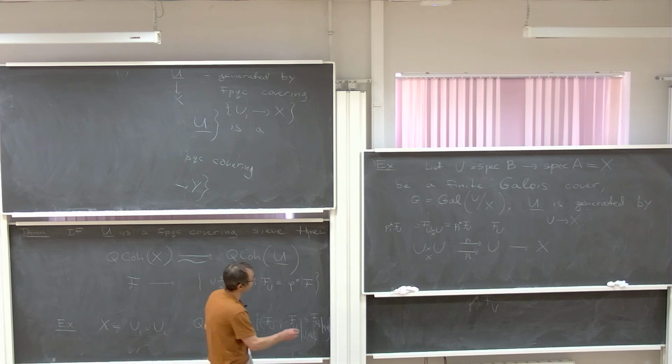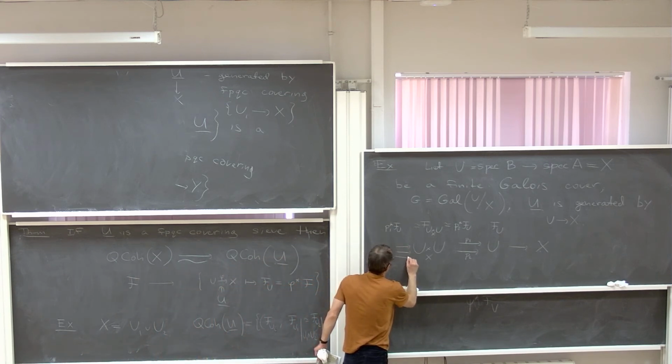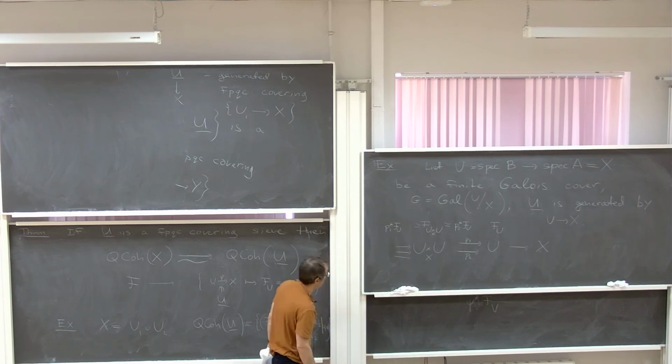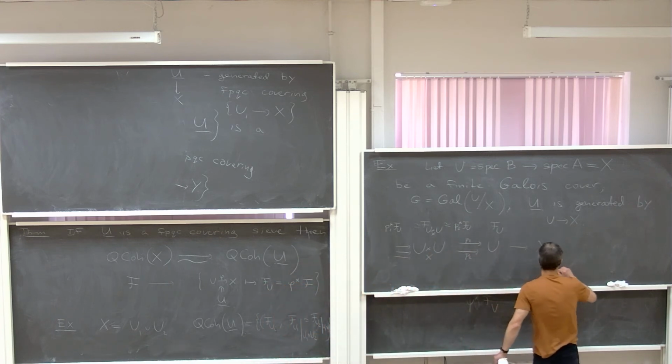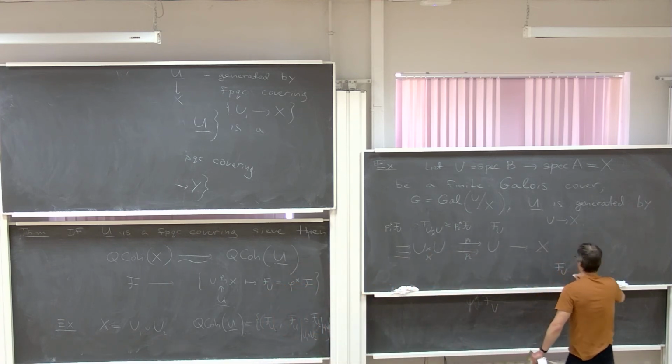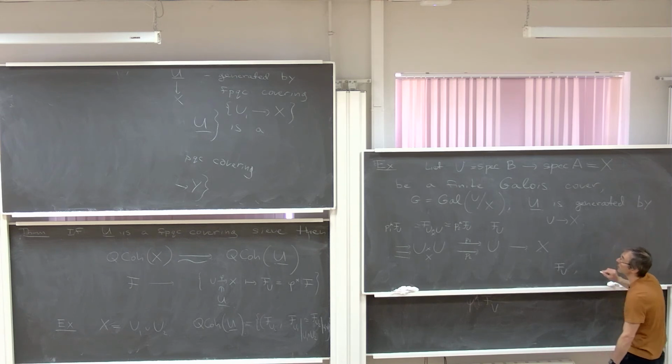Okay. So we're given, again, we have F_U, and we have this isomorphism. Let me give a name to this.